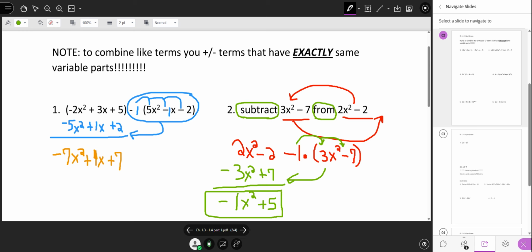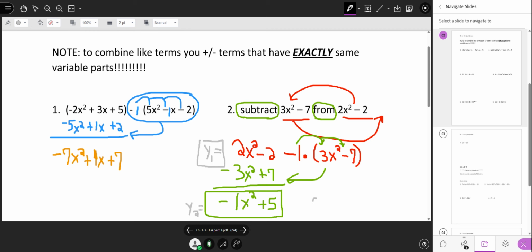Now, with your calculator, you can actually, and this is really, really nice, you can put this in y1 equals. Up at the top, it says y1 or y equals. And then you can put this answer in y2 equals.